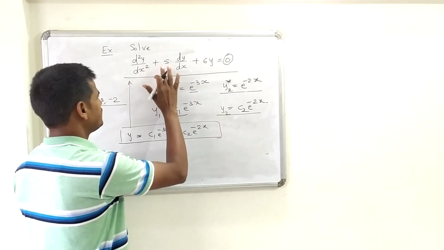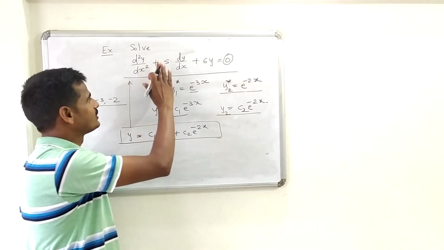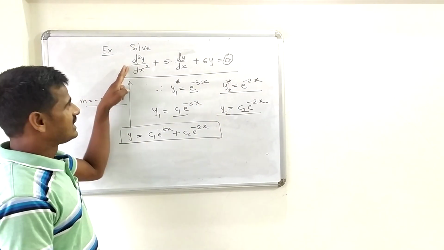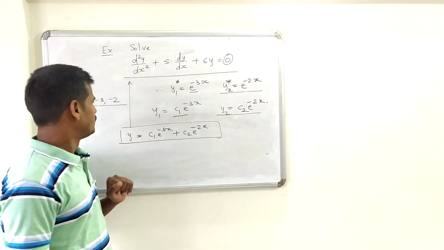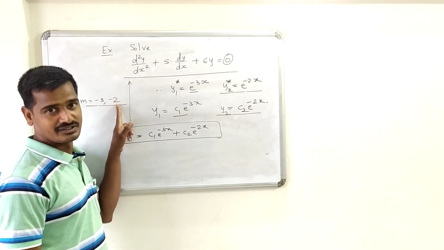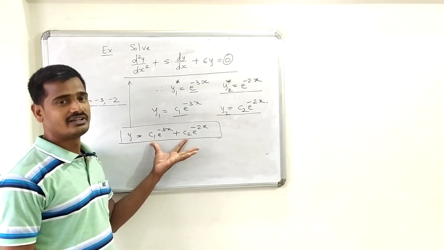Now the point is, as long as we consider the right hand side to be 0, the order of this differential equation is equal to the number of roots of the auxiliary equation counting multiplicities, and is equal to the number of arbitrary constants.